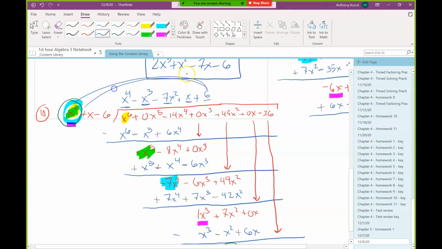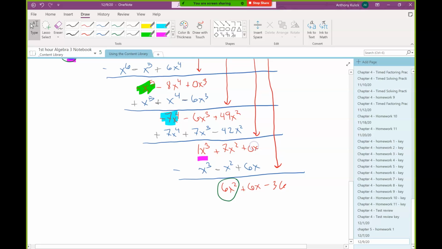And so we'll distribute that to the whole divisor. So that gives me 6x squared plus 6x minus 36. And then I'll distribute through my negative. Negative of a positive is negative. Negative of a positive is negative. Negative of a negative is positive.